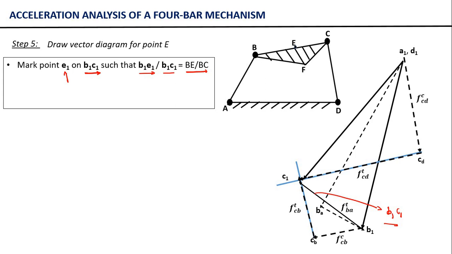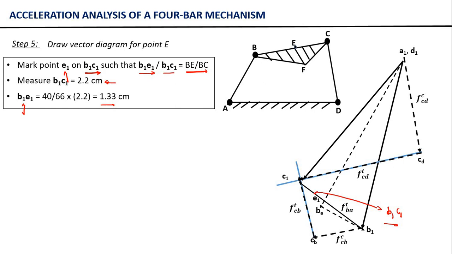Now we will calculate this B1E1 distance. First we will measure B1C1, which will give us 2.2 centimeter. After that, we will measure B1E1, which is going to give us 1.33 centimeter. Using this length, we will mark the point E1 somewhere here.